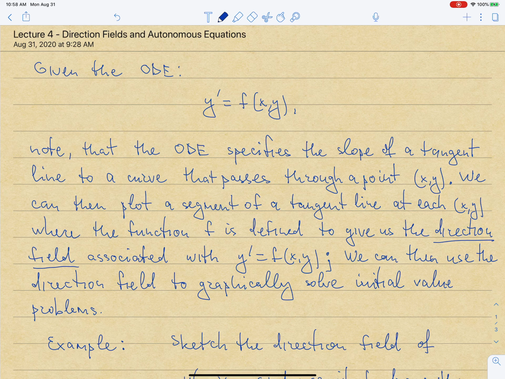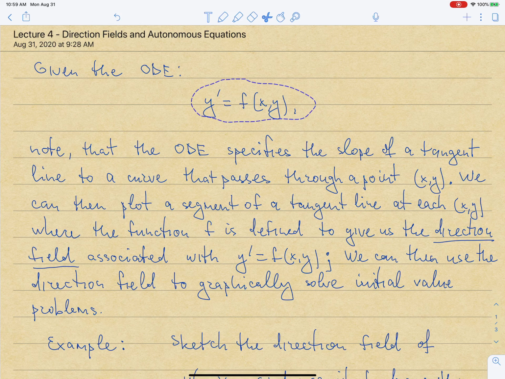So to this end, let's suppose that we have this ODE y prime equal to f of x, y. And notice something that I've already mentioned last time: this ODE tells you that if you are sitting at a point x, y on the plane, then the ODE prescribes the slope of a tangent line of a curve y of x that passes through this point x, y, right?